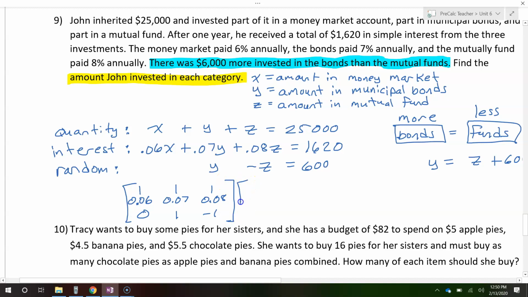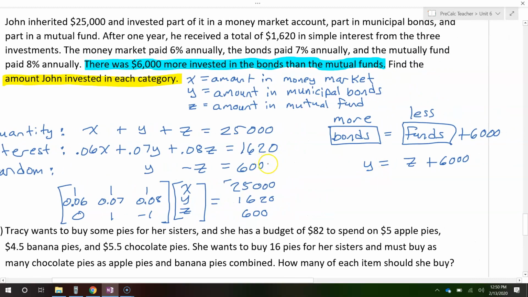Then we have the variable matrix, x, y, z, and that will equal the solution matrix, 25,000, 1,620, and 6,000.